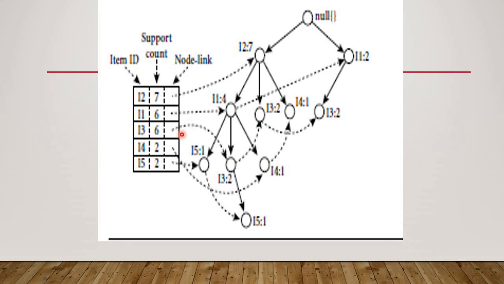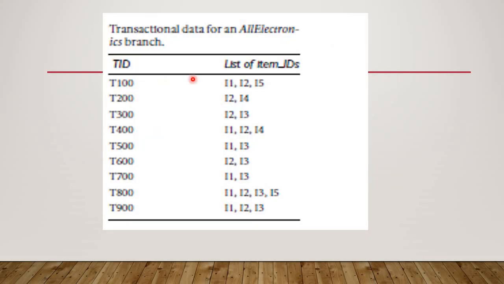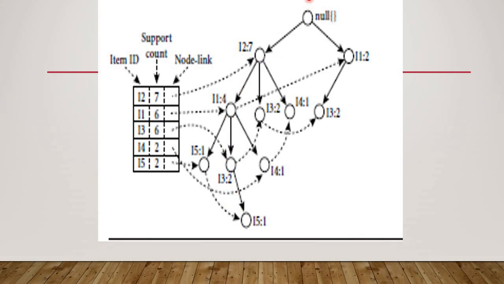So this is the construction of the header table, and how we had gone about construction of the FP tree is that we read each transaction in the database, and we drew the path in the FP tree in the way it occurs in the header table.